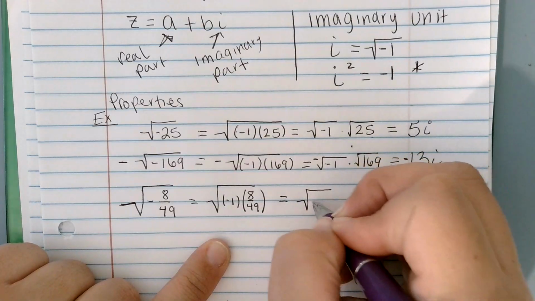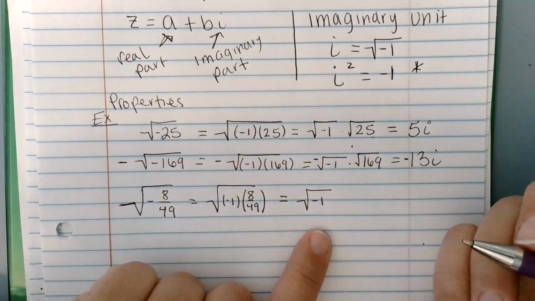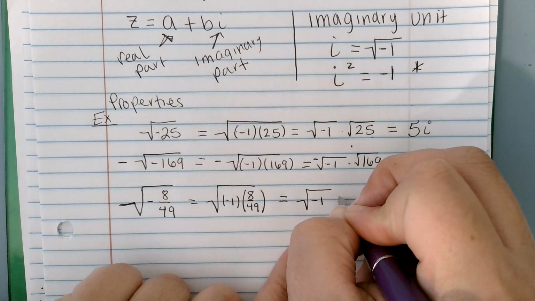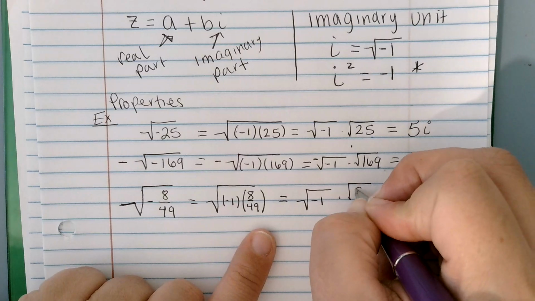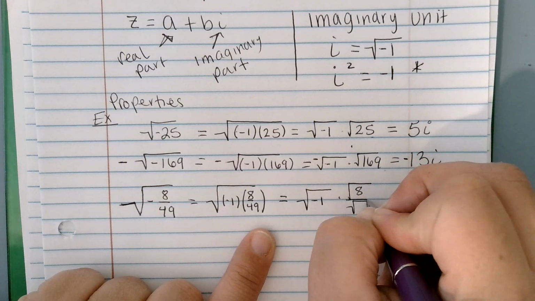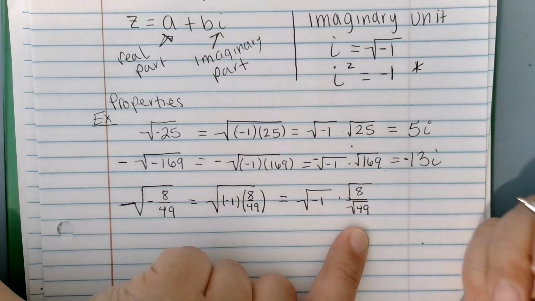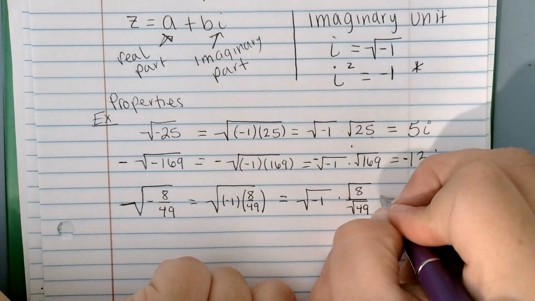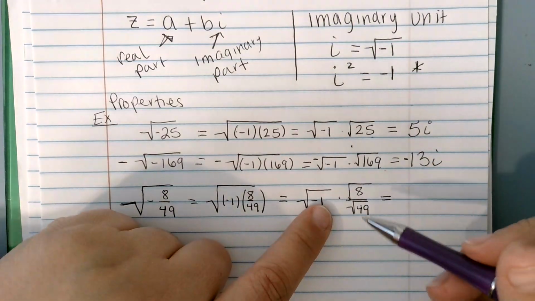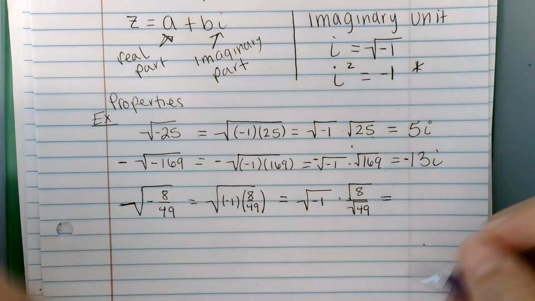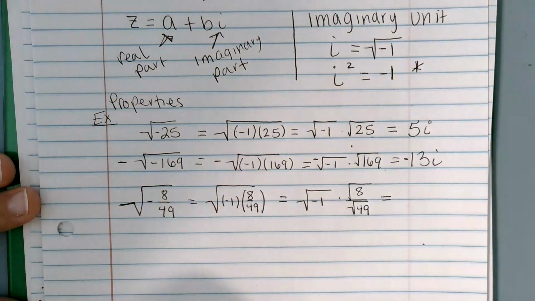So I can split this -1 off into its own square root, and I can split each one of the fractions into its own square root. So hopefully I can get a perfect square from this 49, because if not, then I have to use conjugates to get the square root off the bottom, because we can't have a square root on the bottom.